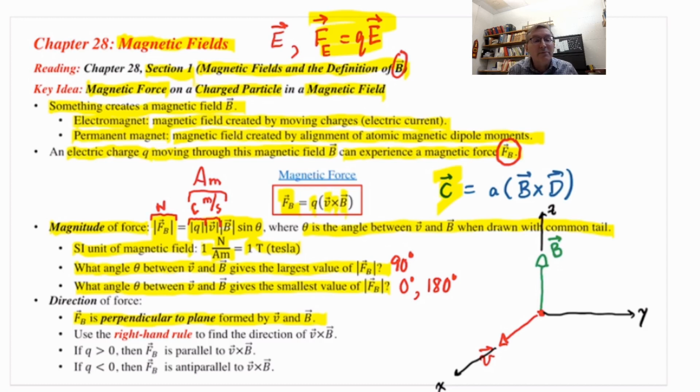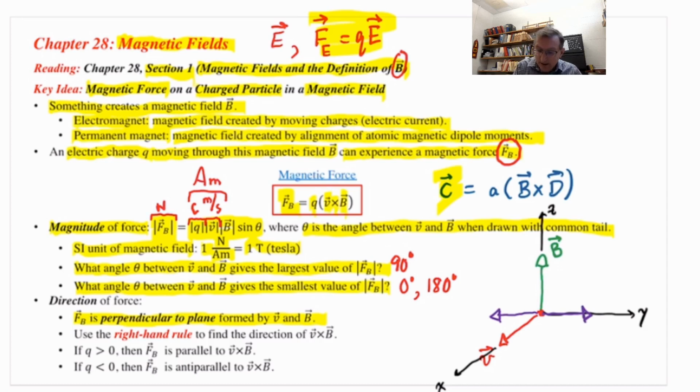Then we know the magnetic force, since it comes from the vector product, v cross B, is perpendicular to that plane, which means it's perpendicular to both v and B. Since that plane in this case is the xz plane, you only have two possibilities for the direction of F magnetic. Plus y, that's perpendicular to the xz plane, or minus y, that's the minus y direction, which is also perpendicular to the xz plane.